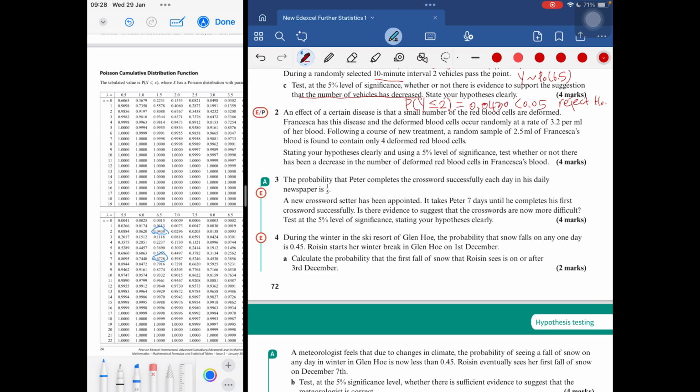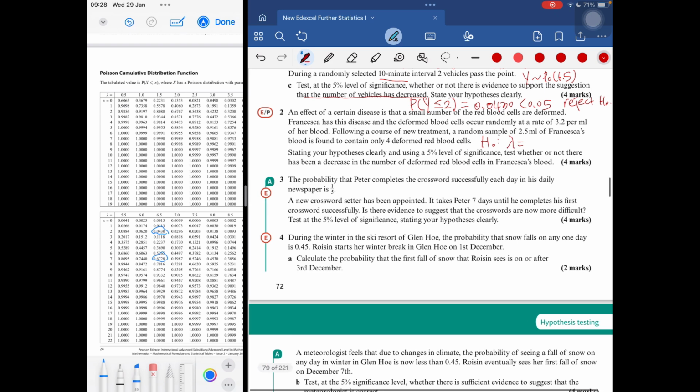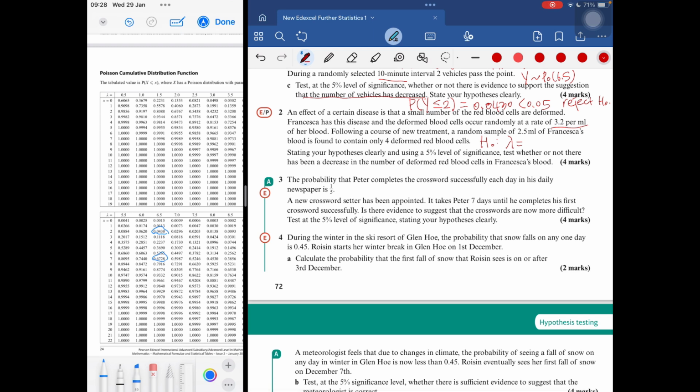So H0: lambda follows 3.2 per milliliter, so 3.2 times 2.5 equals 8. So null is insisting lambda is 8.